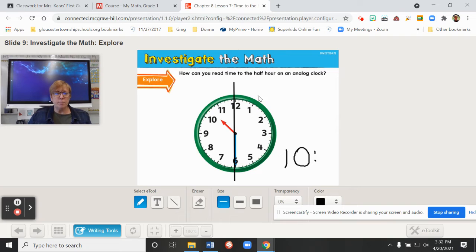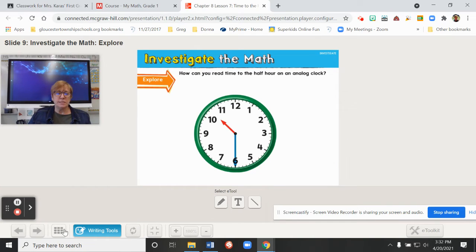Does anybody remember when we counted what I said when we got to 6? What was the number of minutes? If you said 30, you are correct. When we look at an analog clock, it is 10:30 or half past 10, meaning the minute hand has gone halfway around the clock. Okay?